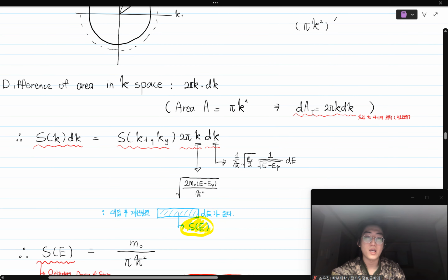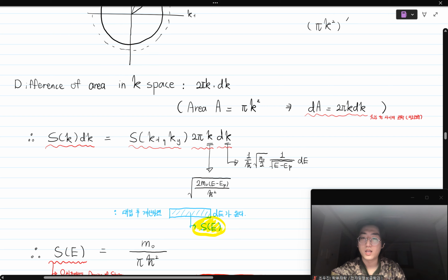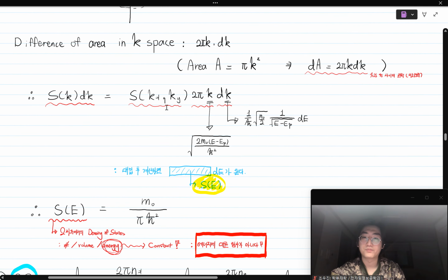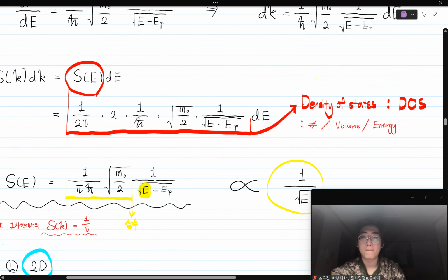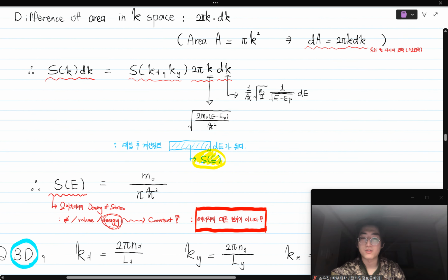We should know dA, which means a very small value. So we should differentiate it, and we can get this: Sk dk. Here we should get SE.